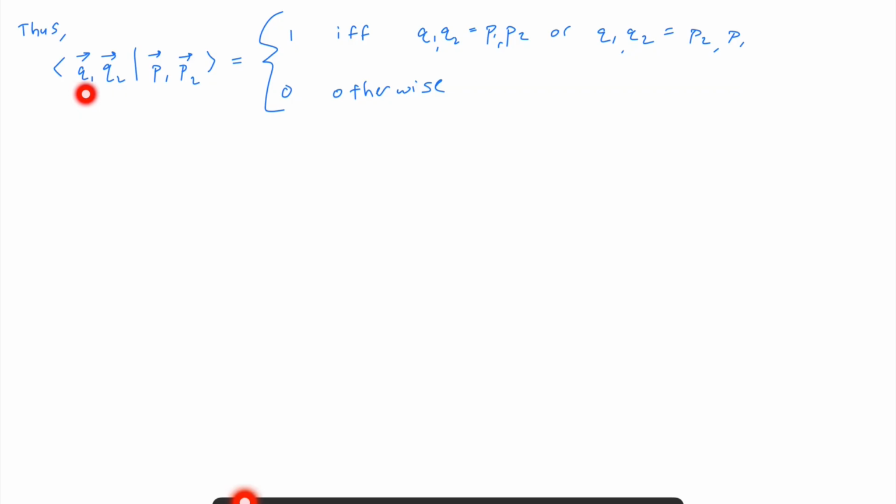Or, of course, because it doesn't matter which particle we're talking about, the thing's essentially indistinguishable, if Q1 equals P2 and Q2 equals P1, which I just abbreviated like this, if those are the same, then I just get the number 1. That's what that previous delta stuff will factor out to. And if these are not identical, I just get 0. It's kind of intuitive what you expected, but this is just the proof for what I just showed.